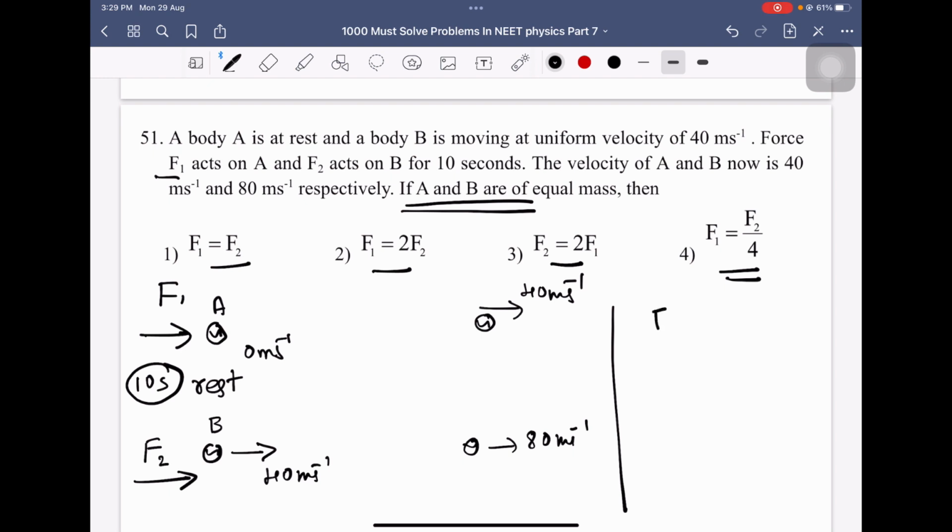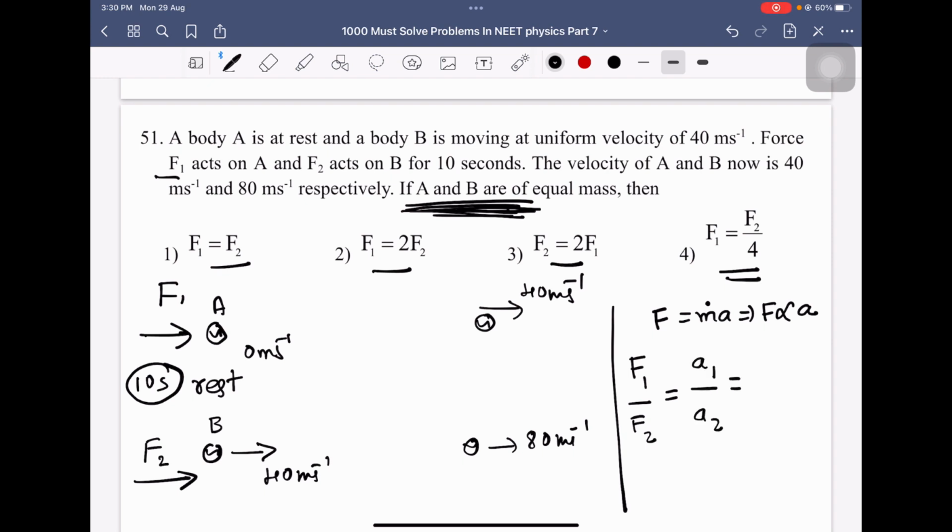We know that F is equal to m into a. It means F is directly proportional to acceleration. Therefore, as masses are constants, mass of A and B are equal, we can write F1 divided by F2 is equal to a1 divided by a2.